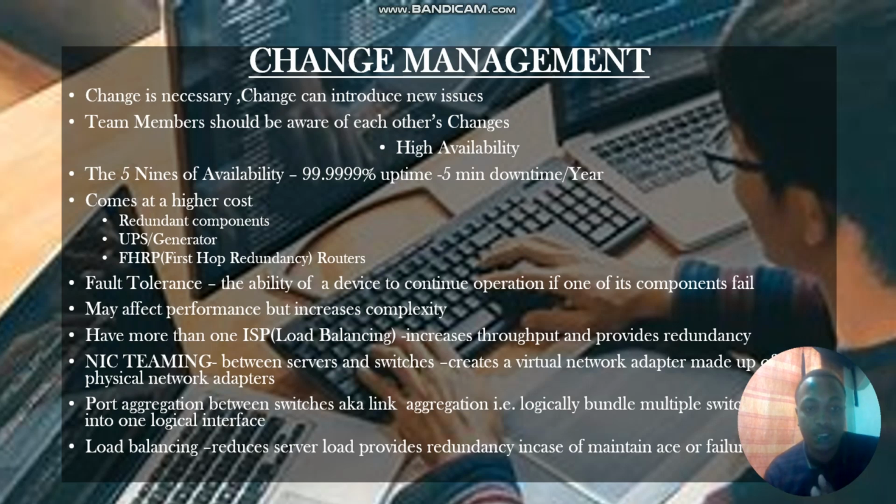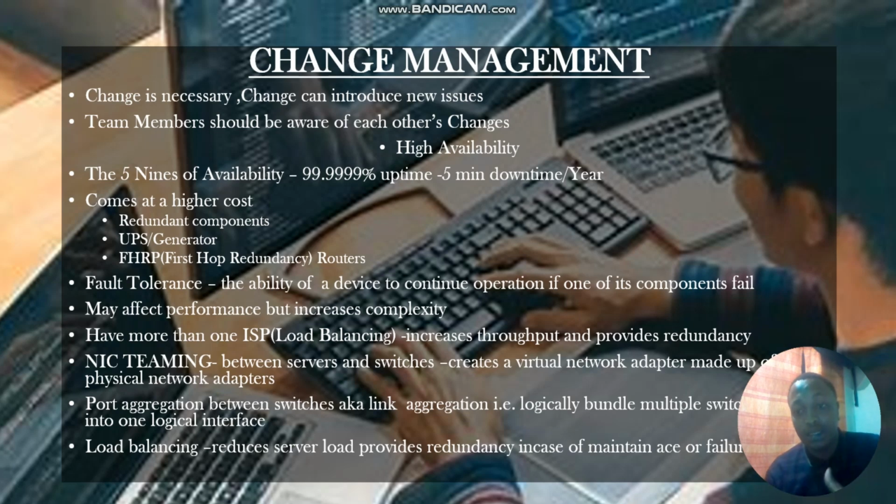So offering more redundancy may also bring a lot of complexity when it comes to your networks, and this comes in terms of configuration, maintenance, and making sure that all these redundant components are working flawlessly.